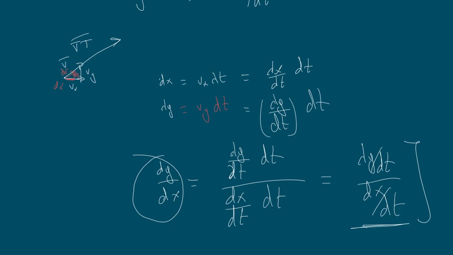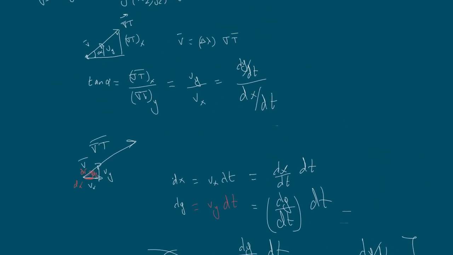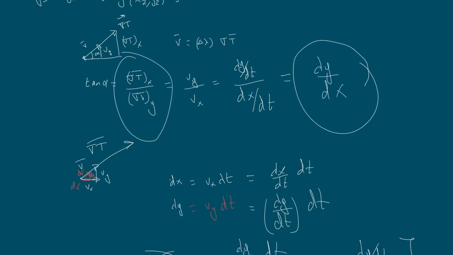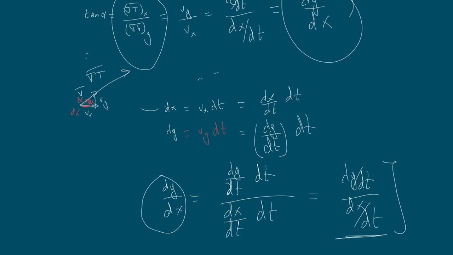Here I have to write dy/dx. So now the equation that I have is that dy/dx is the quotient of the component x of the gradient divided by the component y of the gradient.